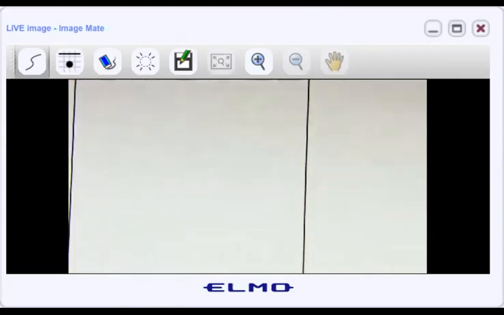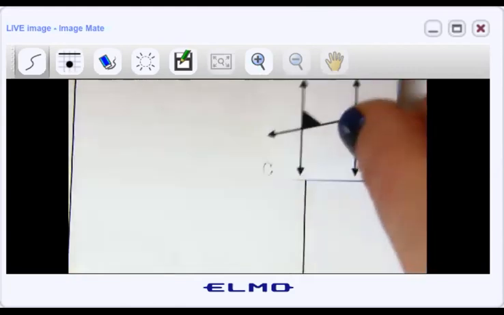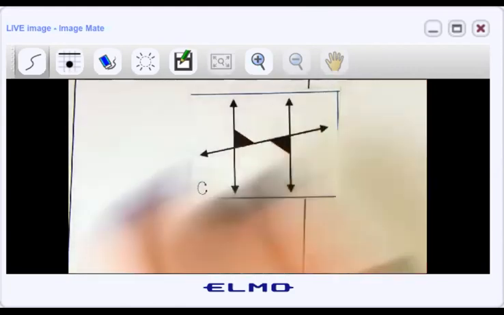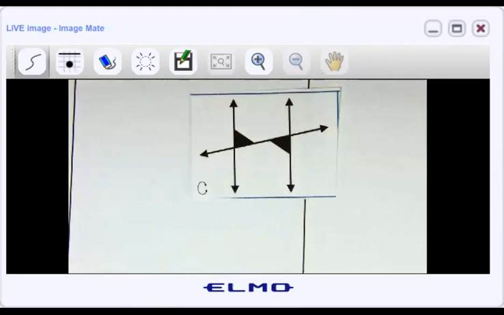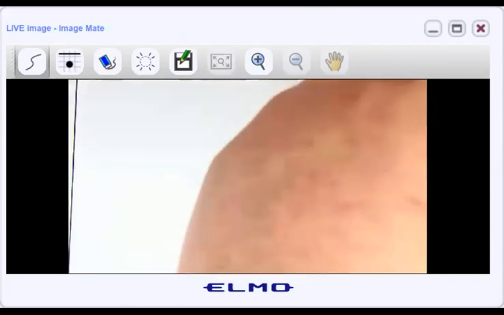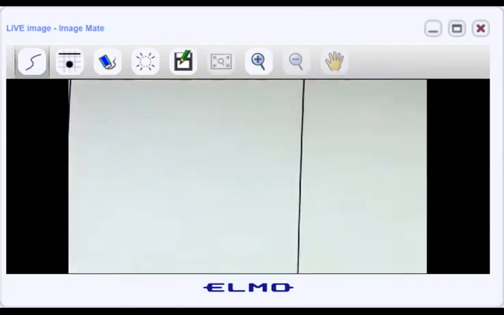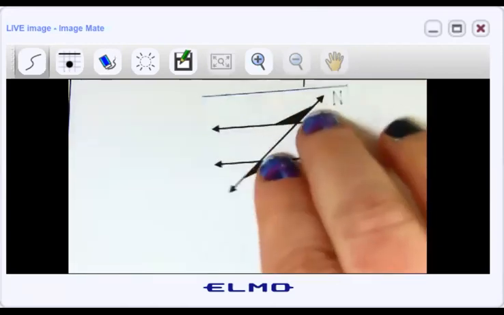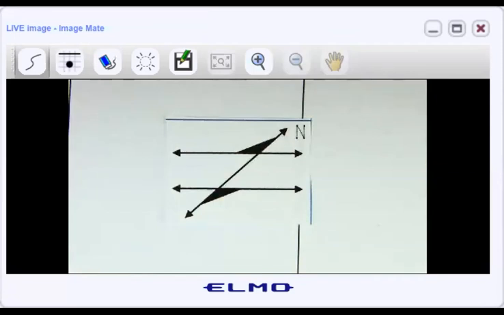Okay. Next we have, ooh, I like this one. Michael, this one's yours. What are these to each other? Alternate interior. You got it. Alternate interior. Okay. What are these? Marissa, you get this one.